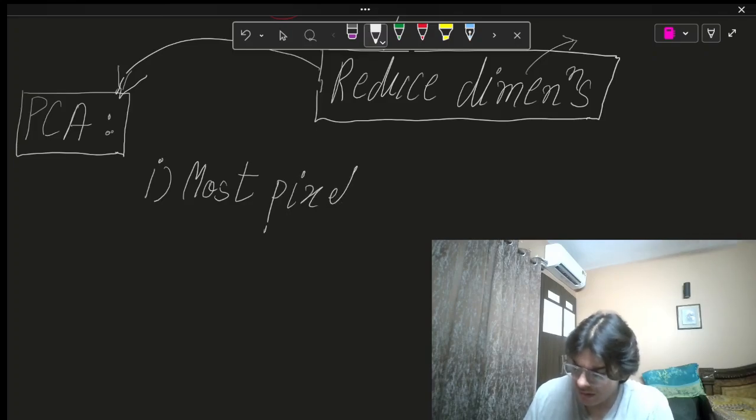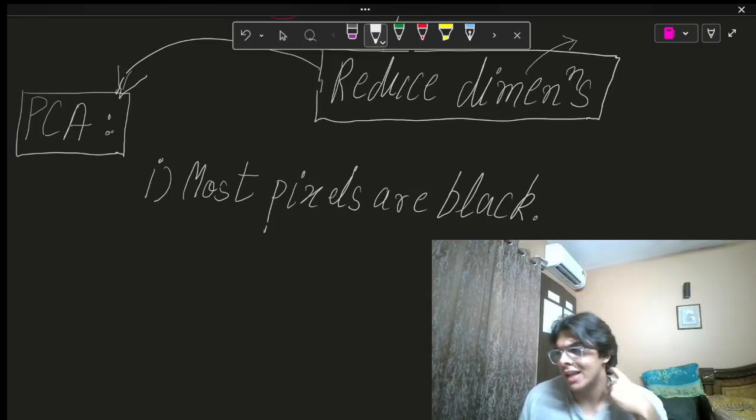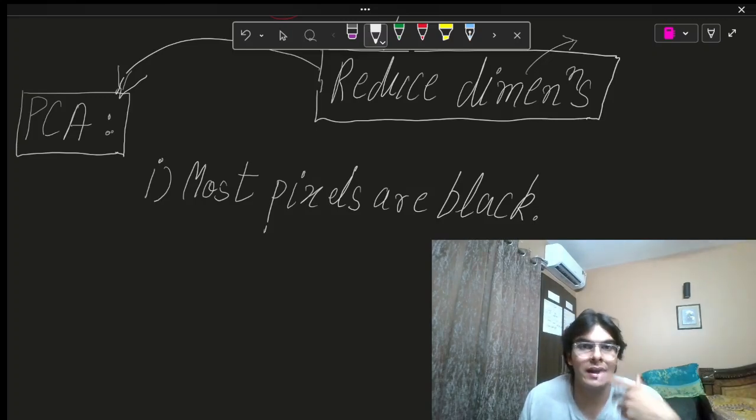So most pixels are black. This is the first reason why I am trying to reduce the dimensionality or the number of pixels in my image. In the MNIST dataset, most of them are black. I don't want the black ones. I only want the ones which are carrying some good information. The black ones are not carrying anything. They are empty.